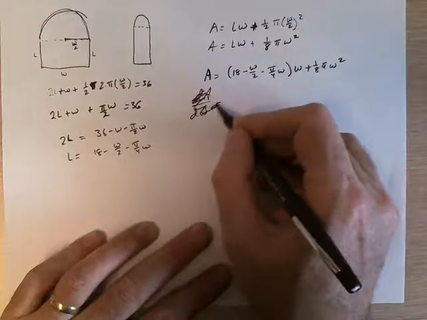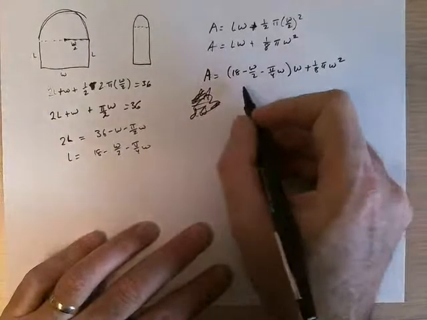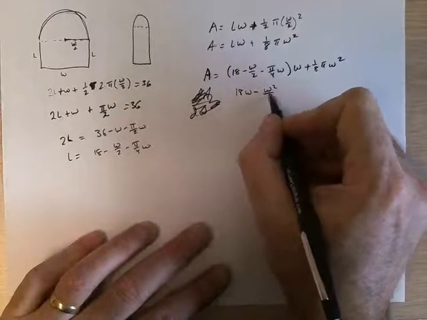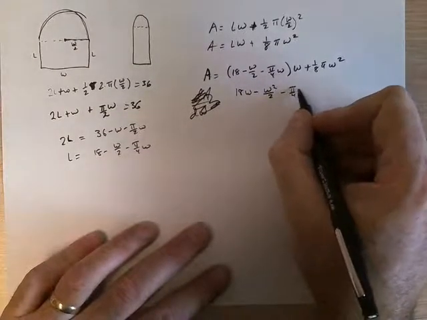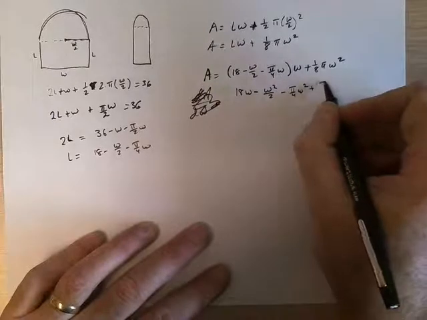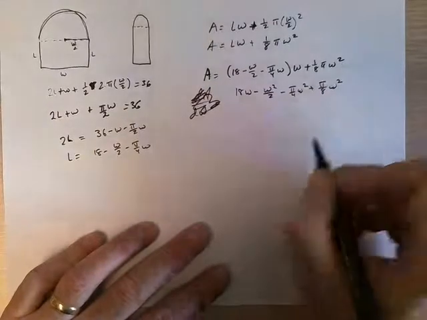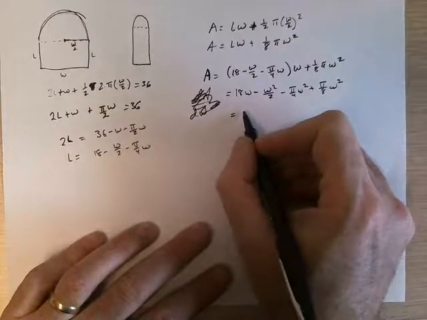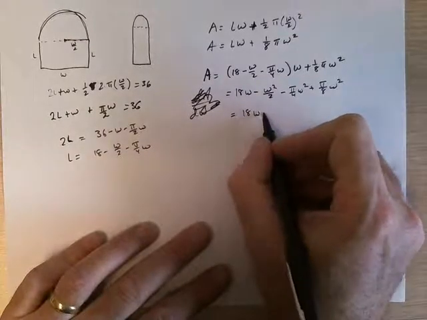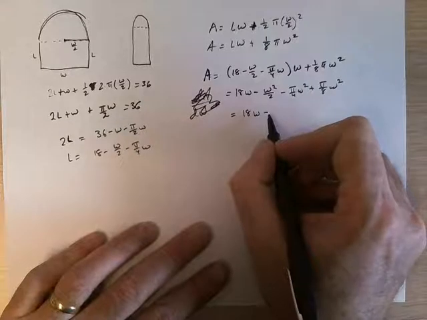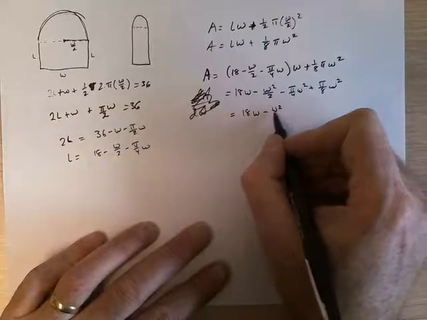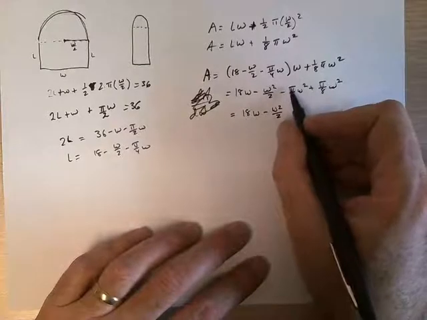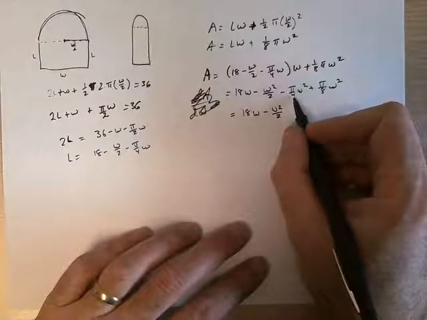So dA/dW here equals, oh shoot, I don't want to take the derivative yet. Before we take the derivative, I want to multiply this out because I don't want to do a product rule. So let me do 18W minus W squared over 2 minus pi over 4 times W squared plus pi over 8 times W squared. In fact, I can probably simplify that. So I've got 18W minus W squared over 2, and the thing is that pi over 4 is 2 pi over 8.